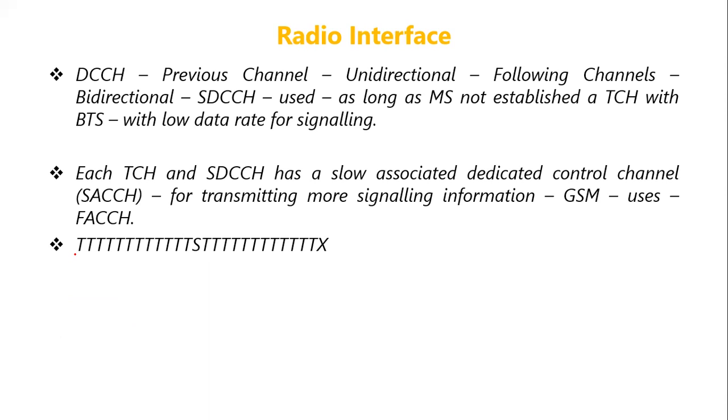Here T represents the user traffic in the traffic channel at full rate, and S represents some signaling information in SACCH, that is the slow associated dedicated control channel.